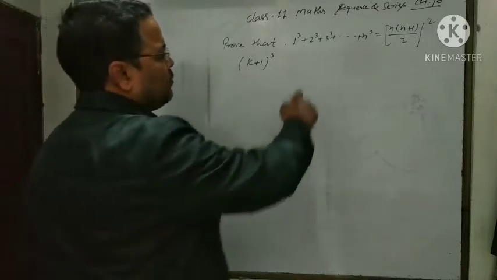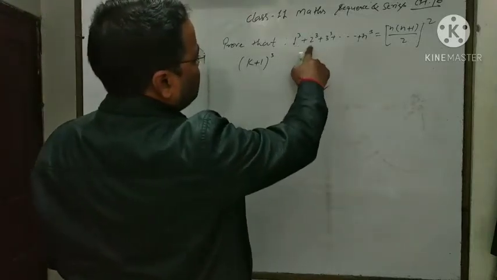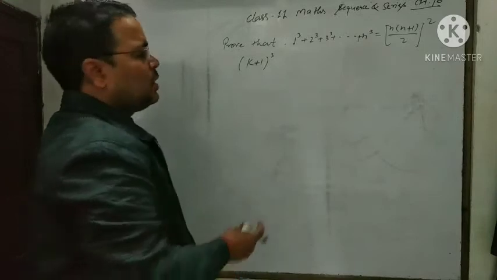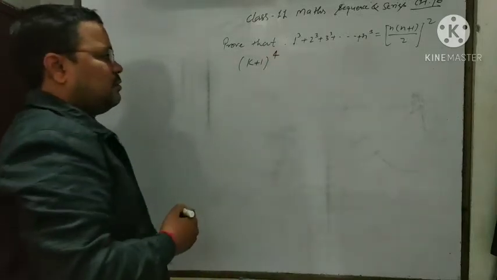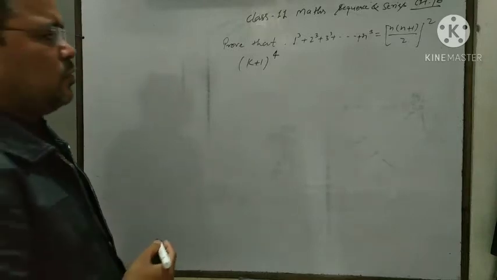But now we are going to prove the result for 1 cube plus 2 cube plus 3 cube up to n cube. In this case, we take the binomial expansion of k plus 1 raised to the power 4.